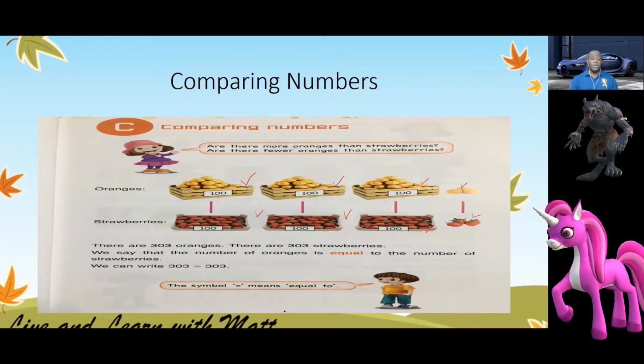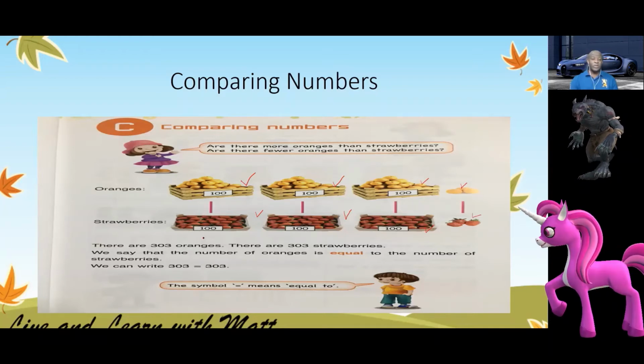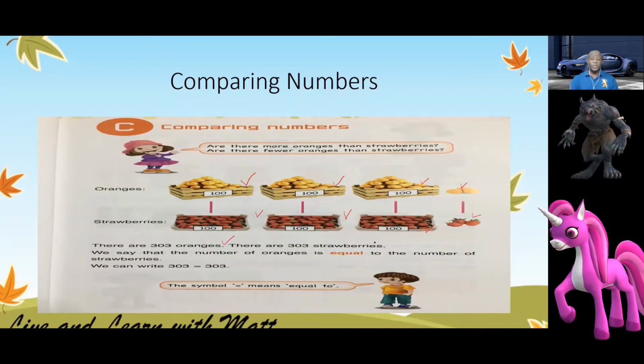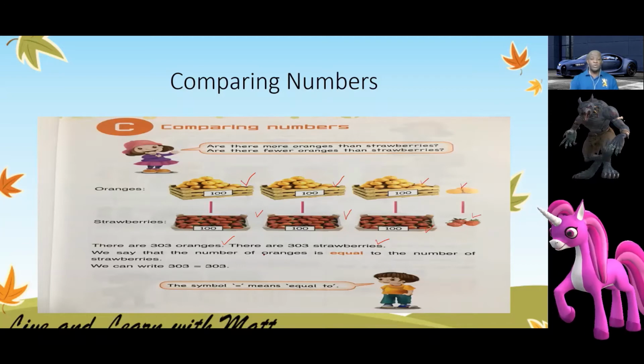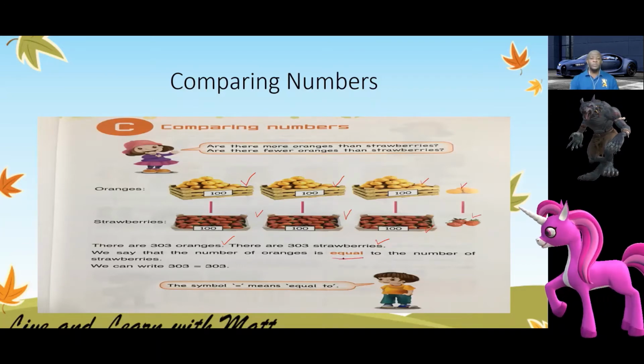So we can say there are 303 oranges and 303 strawberries. So we say that the number of oranges is equal to the number of strawberries.